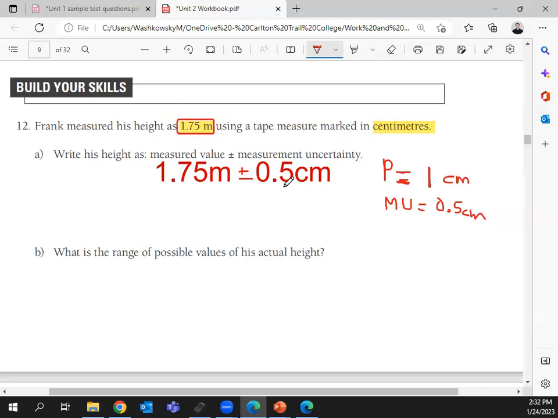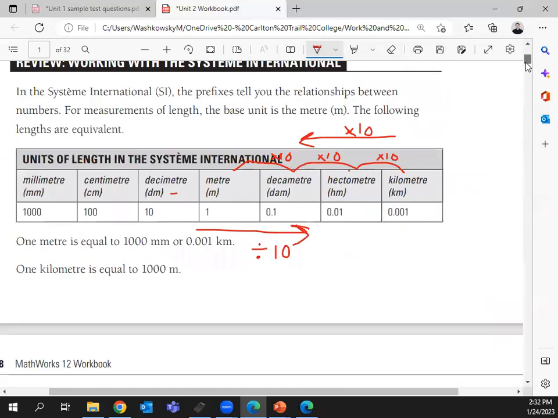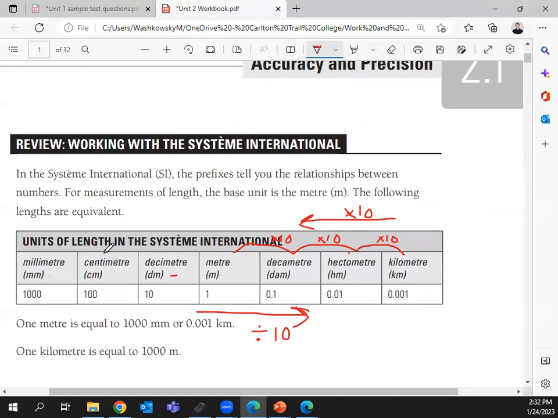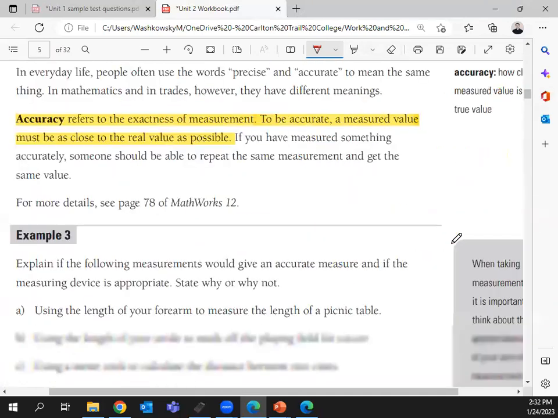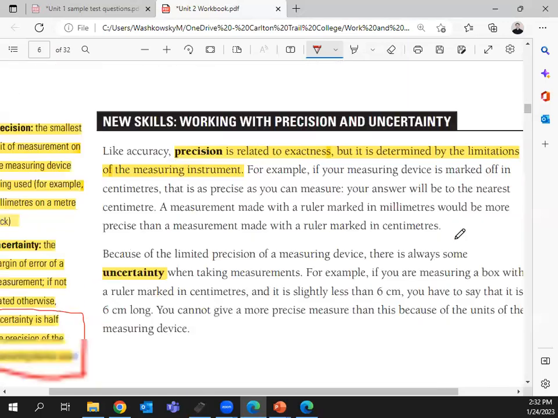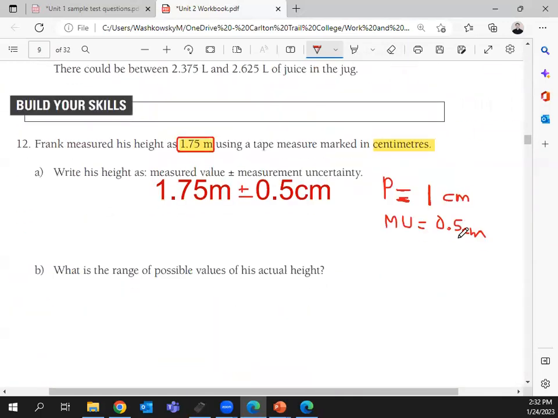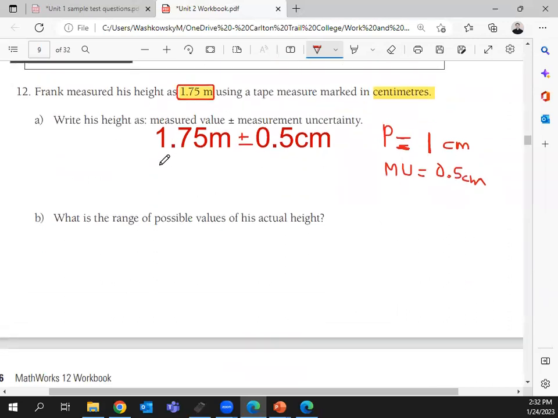So I need to turn what's not in meters to the meters. So in this case, if I want to turn a centimeter into a meter, what do I need to times or divide that by? By 100? Absolutely. Yeah, so if I'm turning a centimeter into a meter, I'm moving to the right twice. I'm going to divide that by 100. So let's take the same thing.